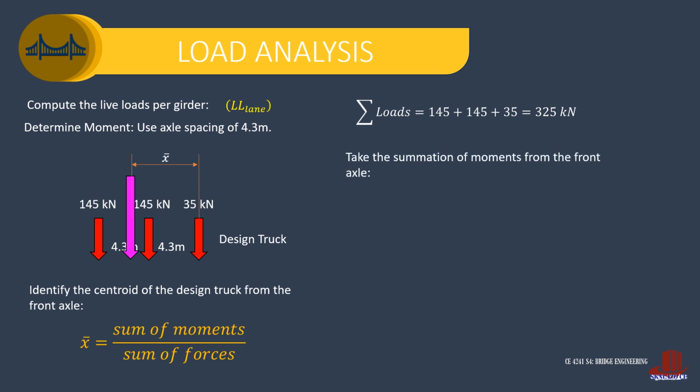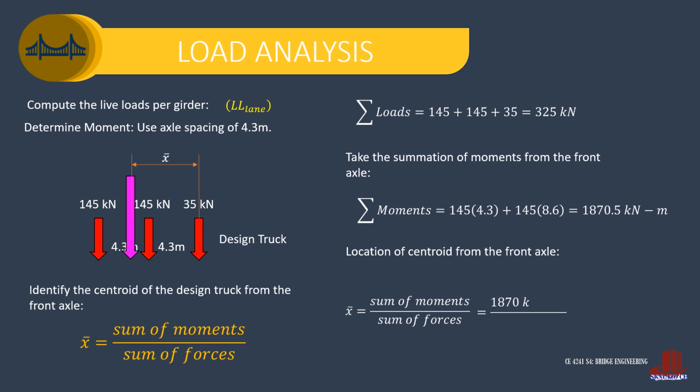Using the reference for bar X at the front axle, we take moments about this point and get 145 times 4.3 and another 145 times 8.6, or that is 1,870.5 kilonewton meter. We solve for bar X now, and that is 1,870 divided by 325 and get 5.75 meters from the front axle.